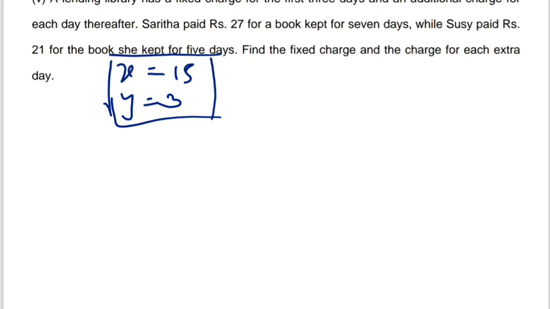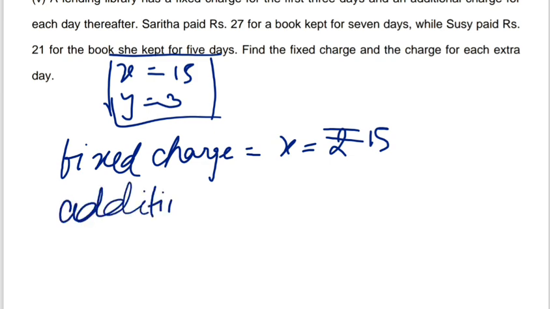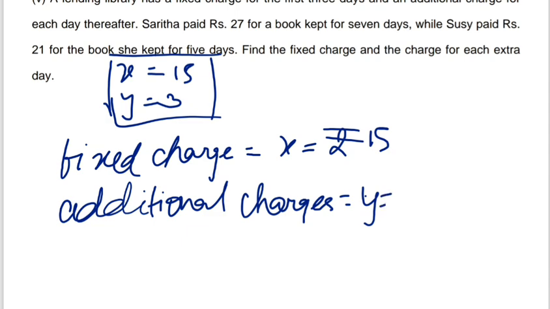So we can say that the fixed charge is equal to x, that is rupees 15, and the additional charge is equal to y, that is rupees 3.